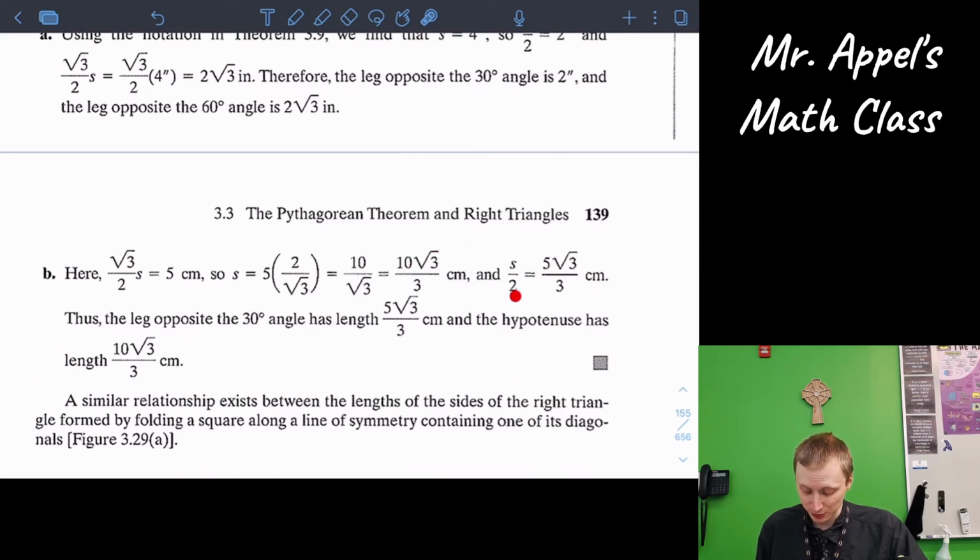And then s over 2 will be half of that, which is easy enough. Just take half of the 10, 5 root 3 over 3 centimeters. Thus, the leg opposite the 30-degree angle has a length 5 root 3 over 3 centimeters, and the hypotenuse has a length 10 root 3 over 3 centimeters.